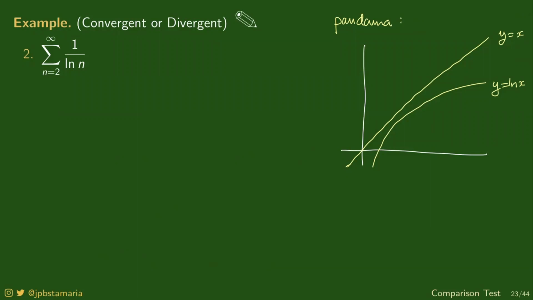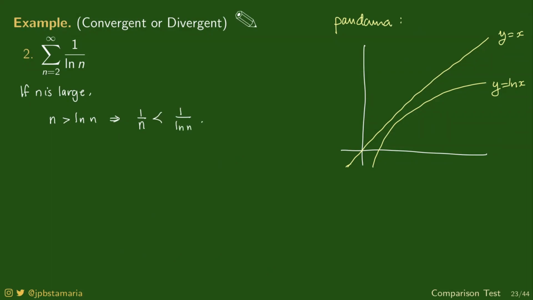Basta si x ay dinodominate si ln of n. So we can say that if n is large, yung n ay mas malaki sa ln of n. This is a comparison that is used a lot of times. Okay? Tatandaan nyo to. So, when compared to 1 over n, which one is larger?